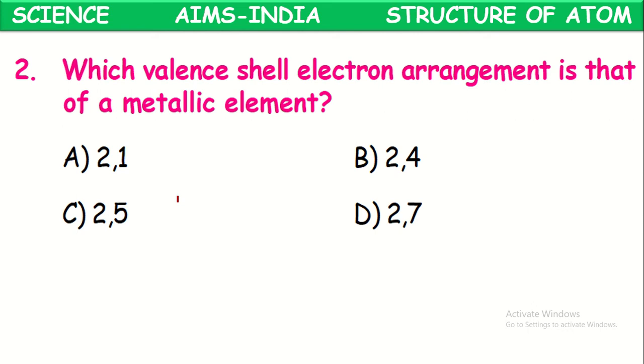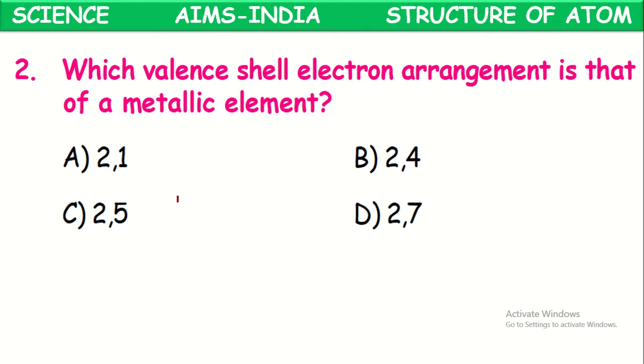Next, which valence shell electron arrangement is that of a metallic element? Here some electronic configurations are mentioned. Which configuration represents the metallic element? We know the elements with 1 or 2 or 3 valence electrons will be metallic in nature.